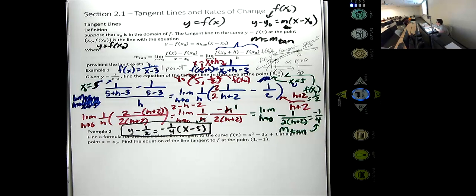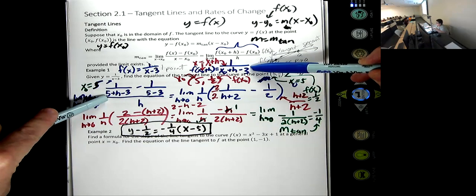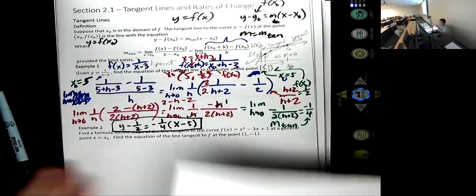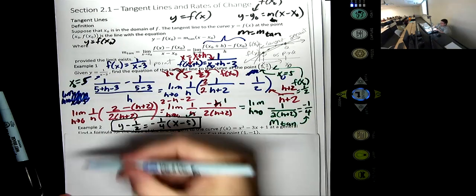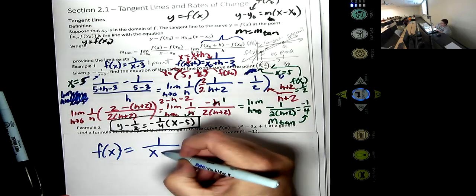Yeah. Just one more time, could you explain how we got the f of x naught plus h equation? How we plug the values in to get that? Right here, or up here? All right, so grab another piece of paper. We have f of x equals 1 over x minus 3.